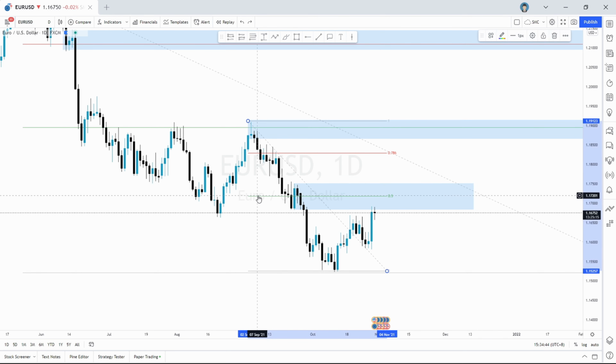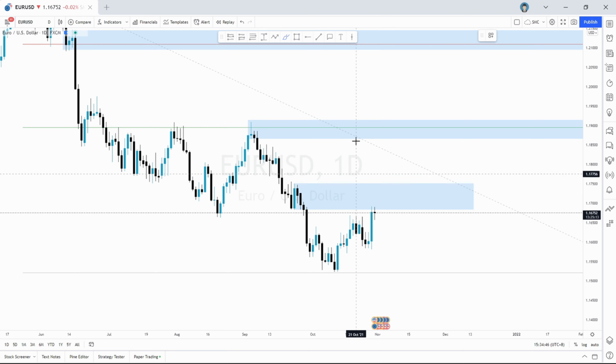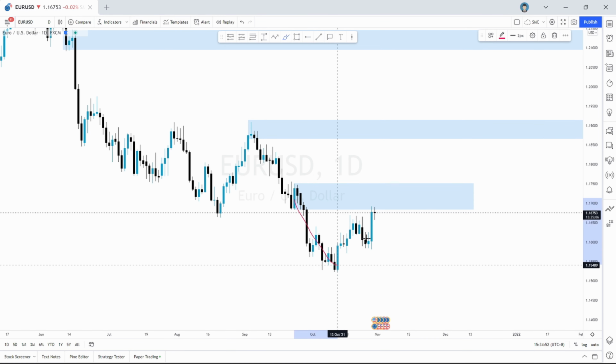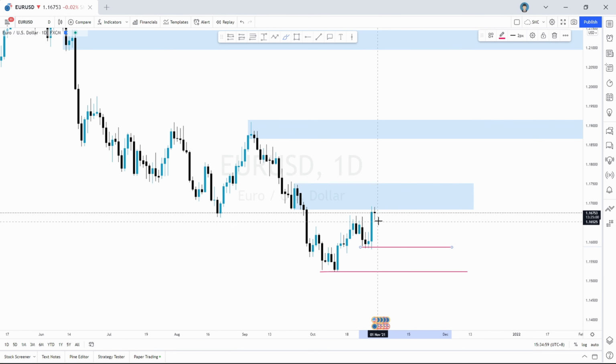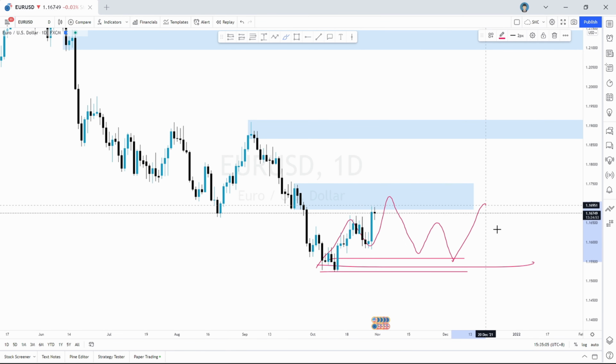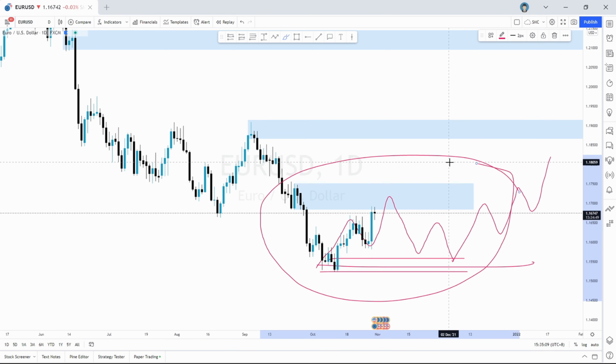So this is how I refine my POIs. Let's start from the daily. Technically, it's not wrong to look for shorts here. We could look for shorts and take profit here, or at this swing low here, because we might see price do a retracement, mitigate this demand zone over here, then continue to the upside, because structure needs to pull back at some point.